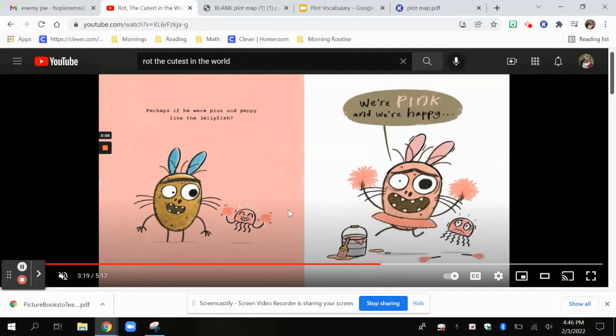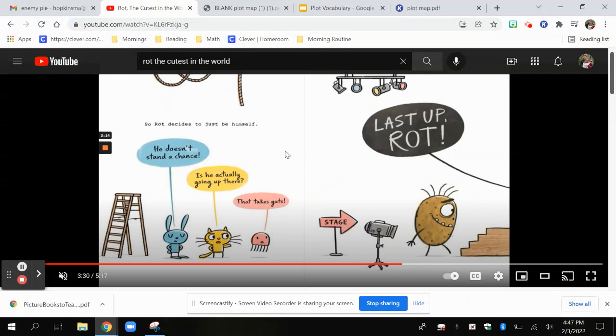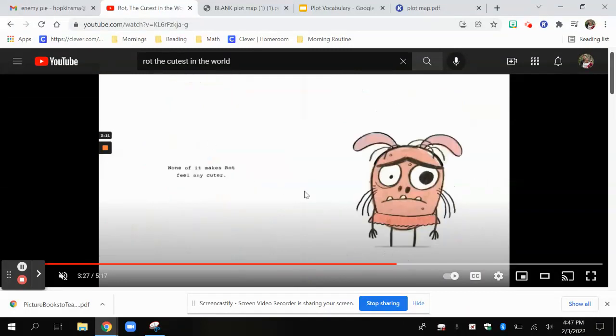Perhaps if he were pink and peppy like the jellyfish? We're pink and we're happy. I skipped a page, sorry. None of it makes Rot feel any cuter. Okay, so his feelings still feel not very cute.